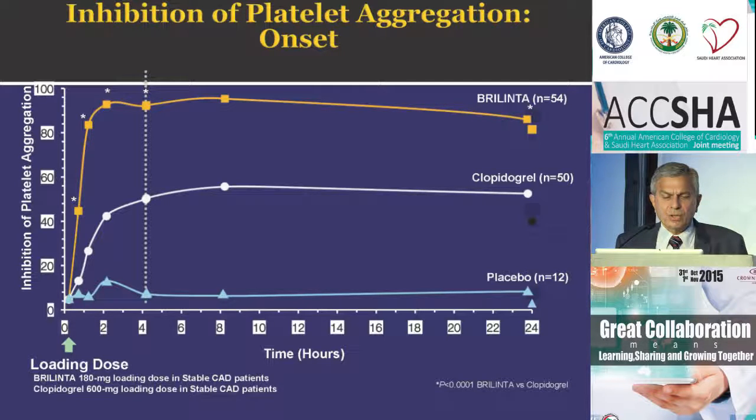And as you continue, the clopidogrel gets up to about 50% inhibition at about 4 hours after loading with 600 milligrams. We're talking probably 3 to 4 hours. And both medications will give you a continuous and sustained effect, but ticagrelor has a higher degree of platelet inhibition.